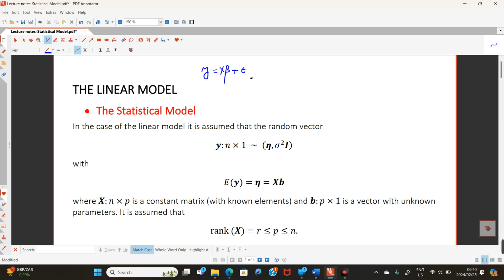We consider this error component as all the instances that are needed to be included in this model, but we didn't include. So first of all, the meaning of this disturbance component is something like: I could have considered a nonlinear expression, but I didn't include it in this part.